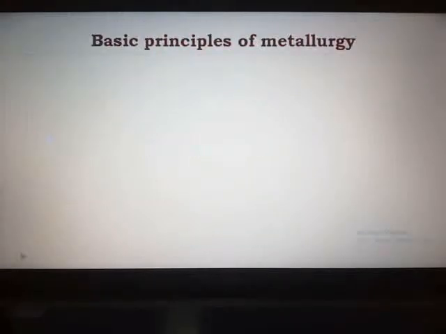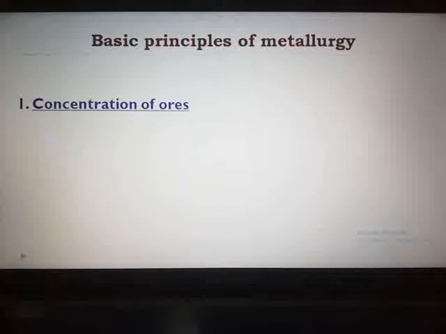The first basic principle, as I informed you last time: pure metal is obtained from the ore in different stages, and the first stage is concentration of ores. What do you mean by concentration? The process of separating gangue, that is impurities, from the ores is called concentration of the ores.